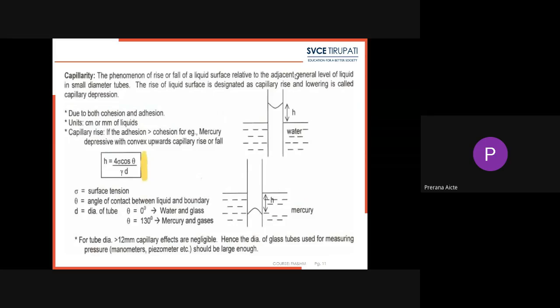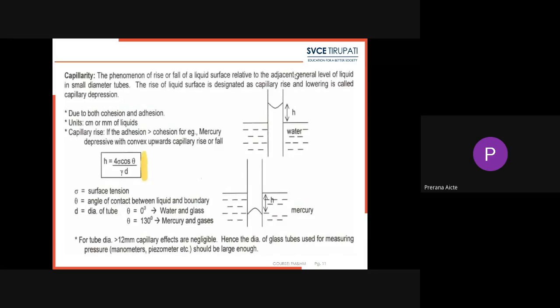Capillary rise occurs if the adhesion is more than the cohesion. For example, mercury shows depression with a convex upward meniscus. Usually if the attraction between the water and the boundary takes place, capillary rise will occur on the water.